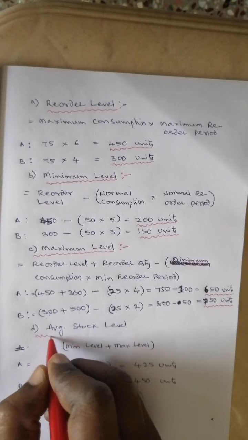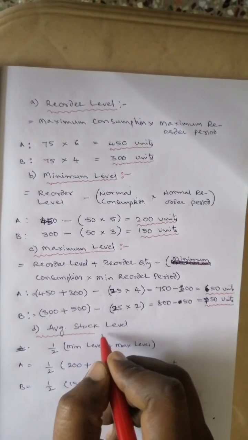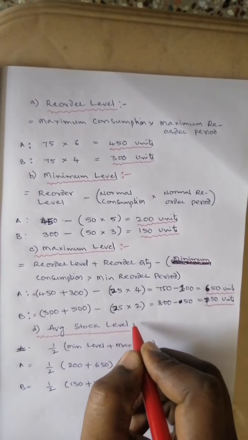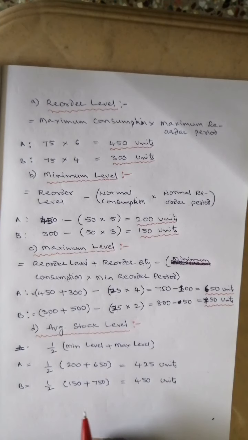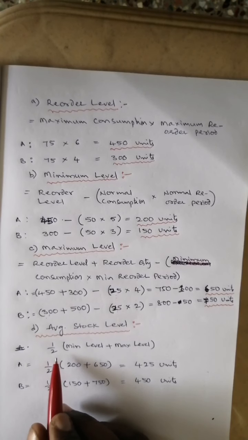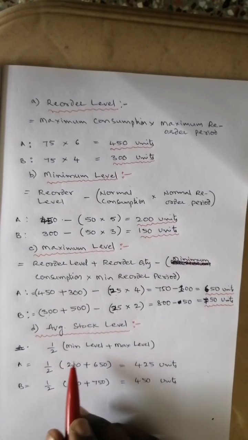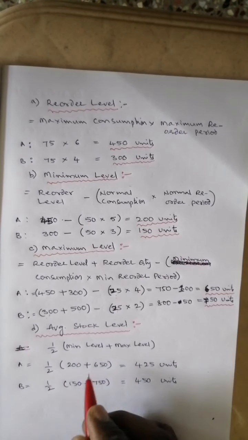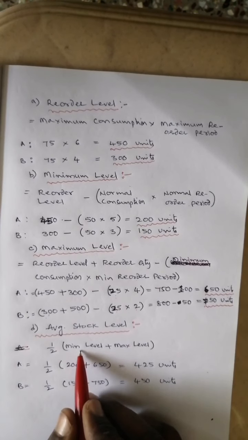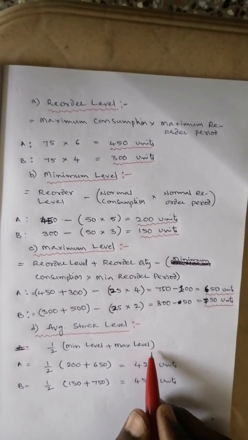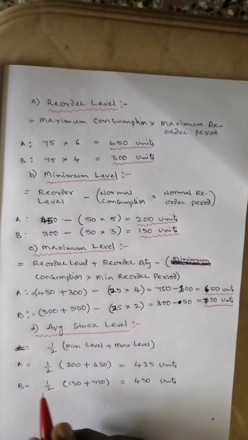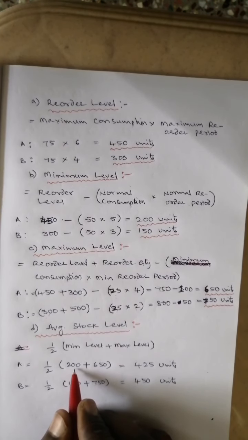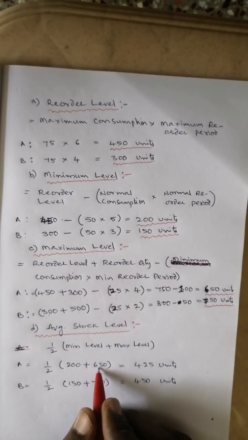And finally we have another important point, average stock level, D point. It is a very simple equation, 1 by 2 of minimum stock level plus maximum stock level, in other words A plus B by 2. So minimum stock level of A 200, maximum stock level of A is 650.